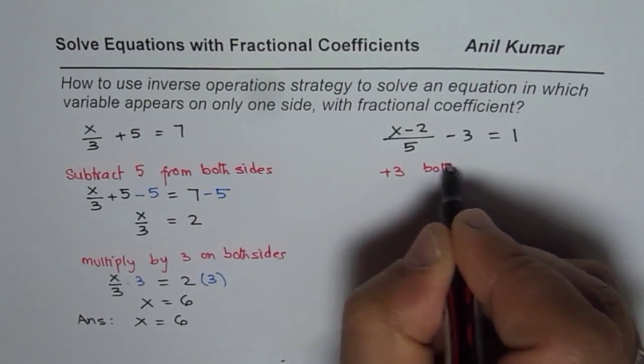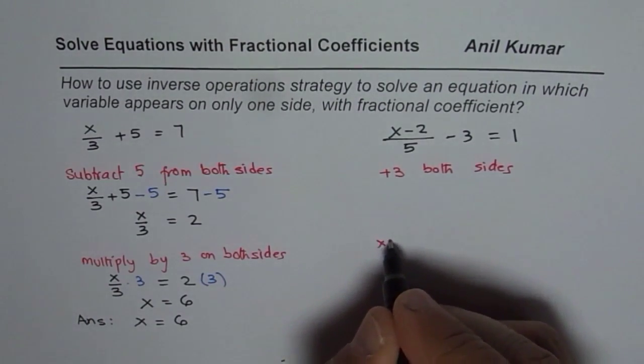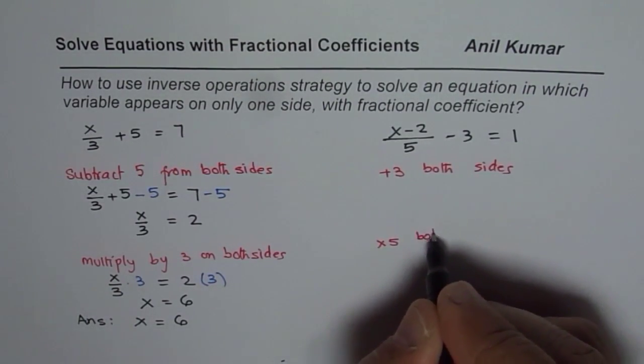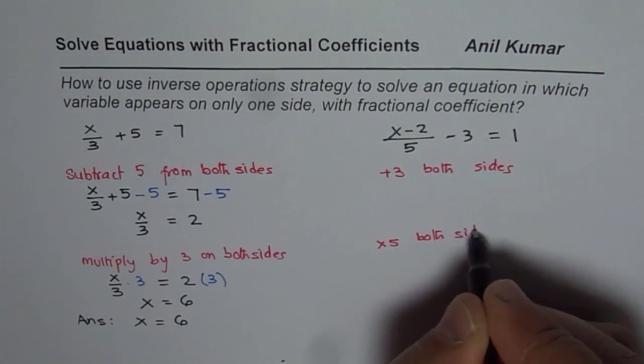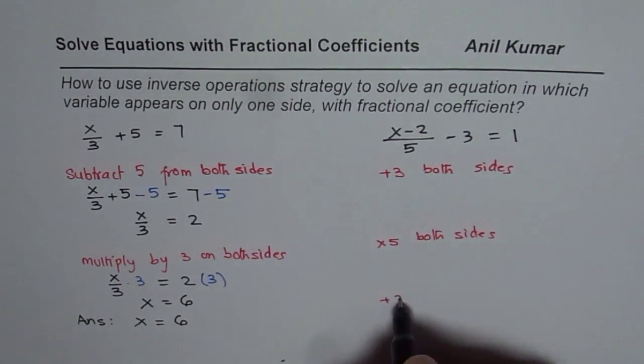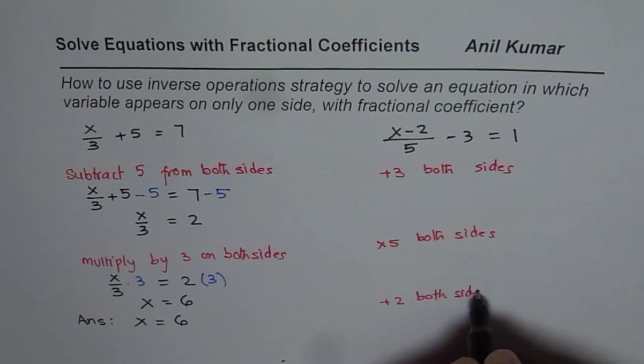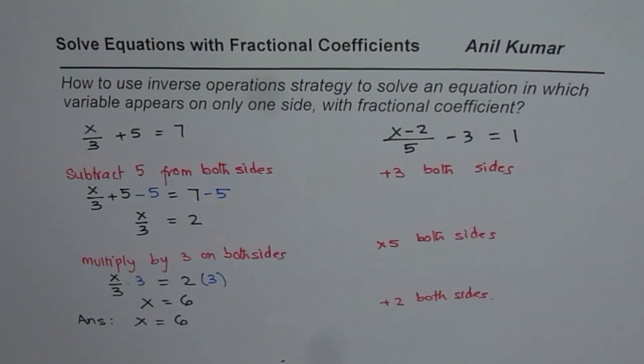Is that okay? Next step should be times 5 both sides. That is how we can write in short. And lastly, we'll do plus 2 both sides to solve this equation. These are the steps involved. You can pause the video, solve, and then check your solution.